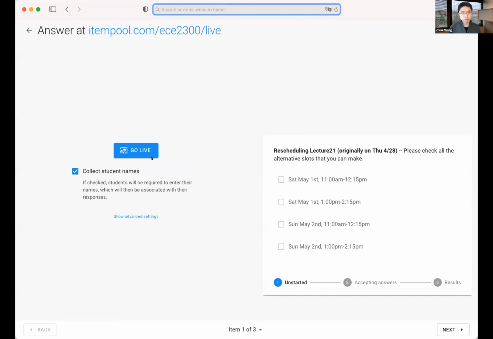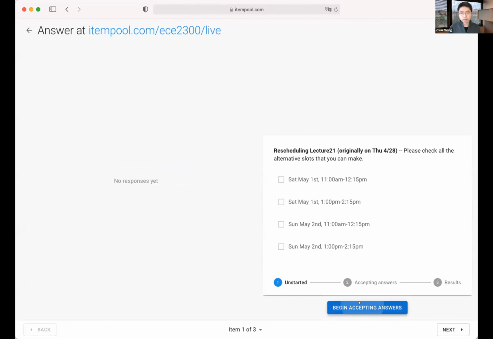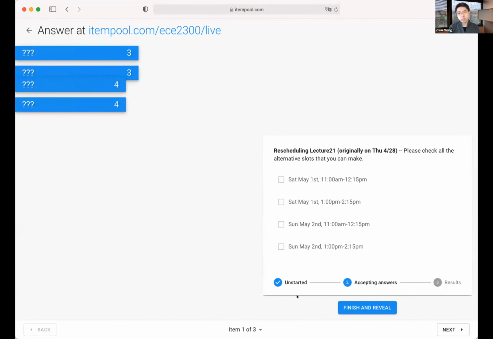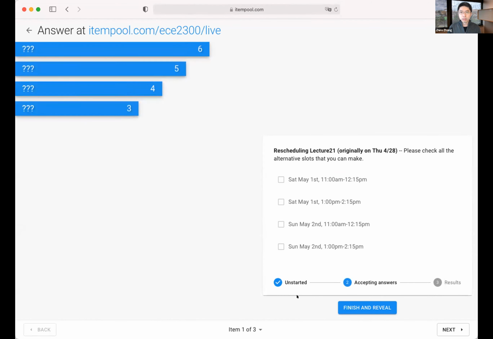Can you guys all go to item pool? Hope you are seeing the screen. I need you guys to vote. This is lecture 21, not lecture 20, which is supposed to happen on April 24th. Thanks, Sebastian, for posting the link. But please be flexible. Please mark all the choices, all the slots that you can make.